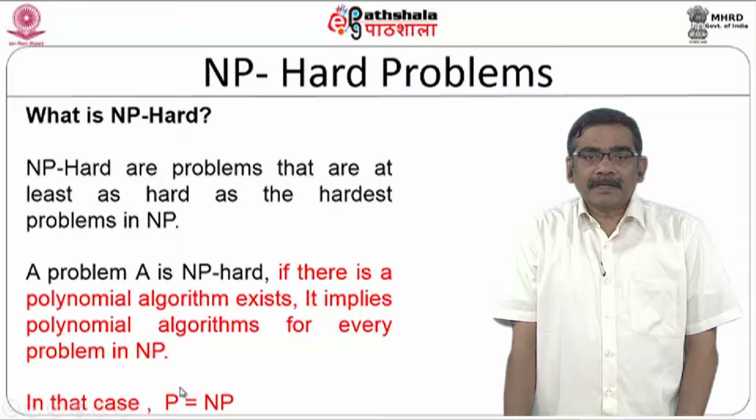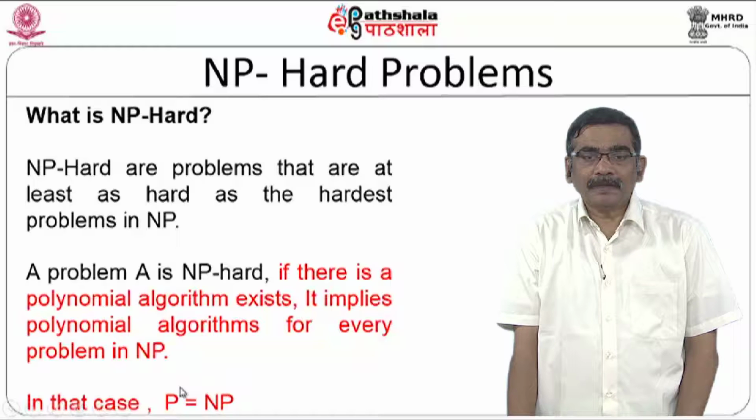So, in short, we have a problem, and we do not know whether the solution exists or not. So far the solutions have not been found. If the solution is available, then suddenly all other problems can also be solved by this particular algorithm.